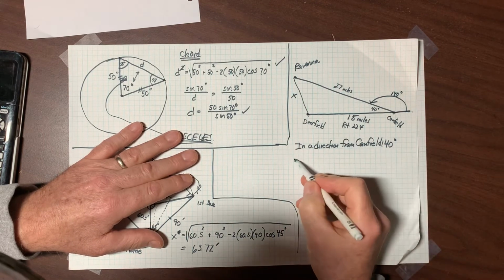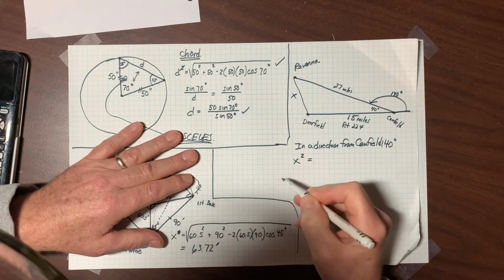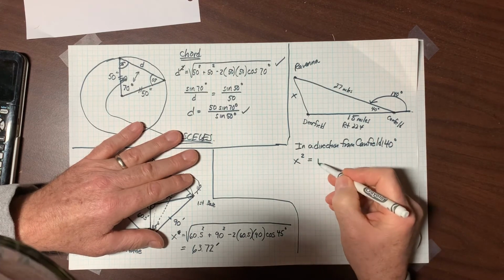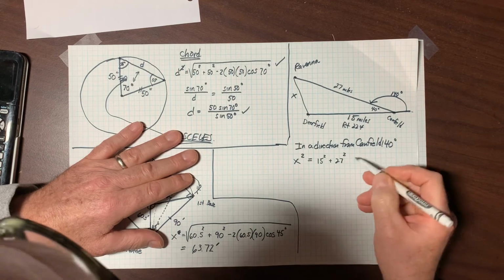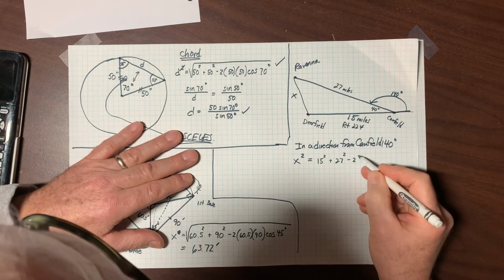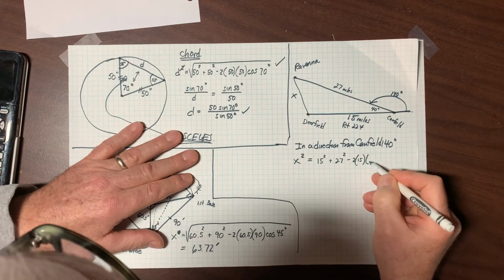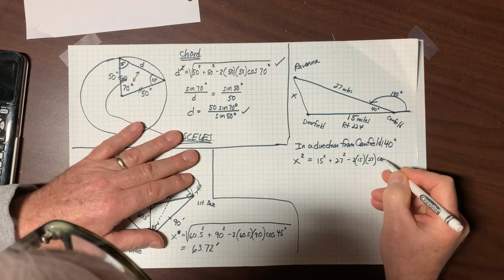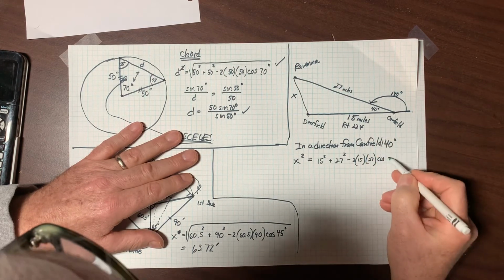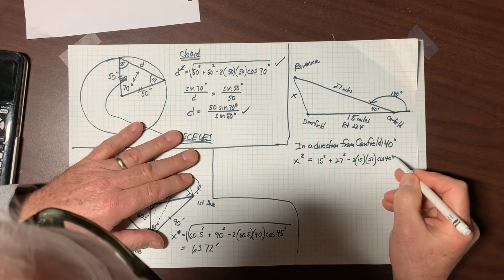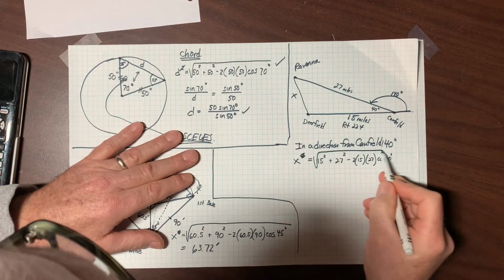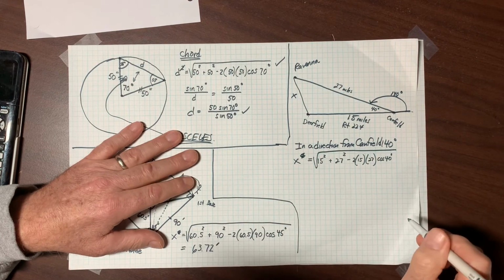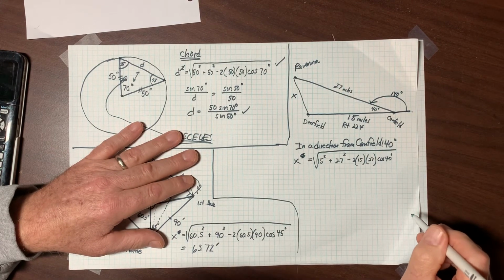And you would say x squared is equal to 15 squared plus 27 squared minus 2 times 15 times 27 times the cosine of 40 degrees. And x would actually equal the square root of that whole expression. It's time to go to your calculator and get the answer.